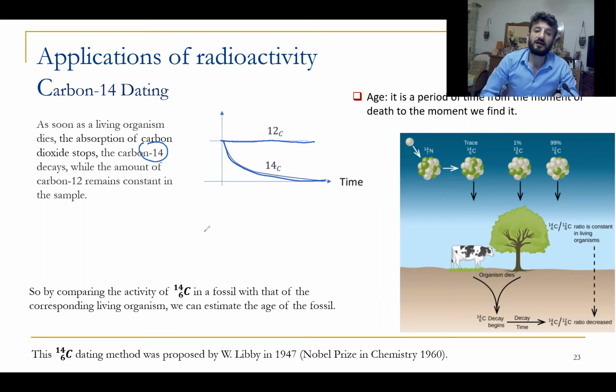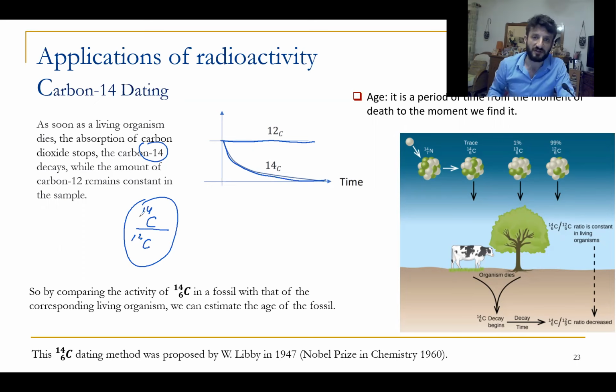So here we have to compare the quantity of C14 divided by C12 for the living organisms and the same quantity after the death of the objects of the same matter. When we compare these two values, we can find the number of these atoms initially, and also the number for the same sample at a time t.